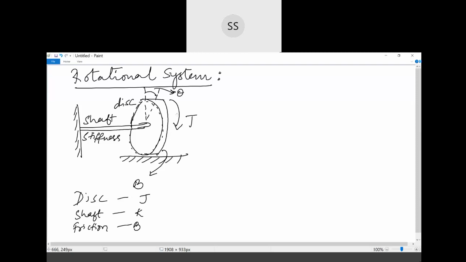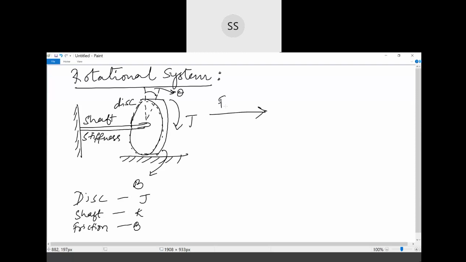And here we are applying the torque T. This is the torque which is going to make the disc rotate. When it starts rotating, the disc will exhibit angular displacement. Angular displacement will lead to angular velocity, which is going to lead further to angular acceleration. So this is the basic corresponding to the rotational element.